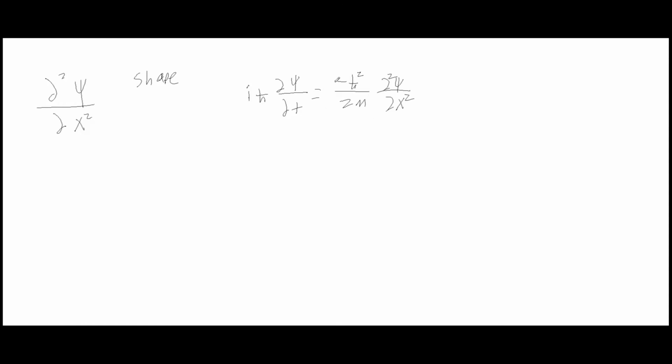Then if we just do a little bit of elementary algebra here, if we divide both sides by i h bar, what we end up with is our first order partial with respect to time is equal to, so h bar squared divided by h bar is just one h bar.